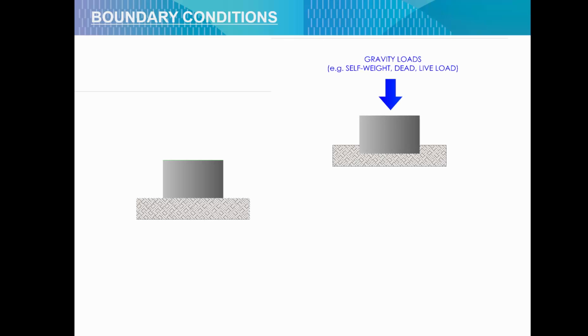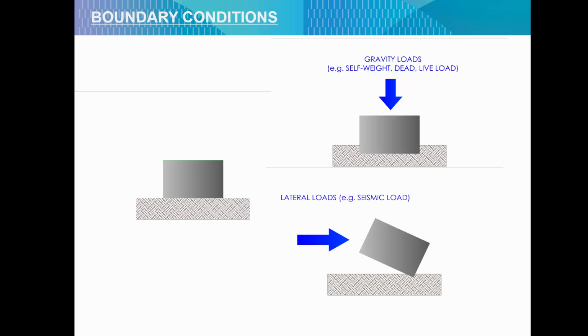Now for structural analysis and evaluation. So this is a tank at rest. When we apply gravity loads, of course, the soil is bound to resist the gravity loads, and by doing this, the soil undergoes compression. Now, when a lateral load is applied to the tank, of course, there's a possibility that it will overturn.